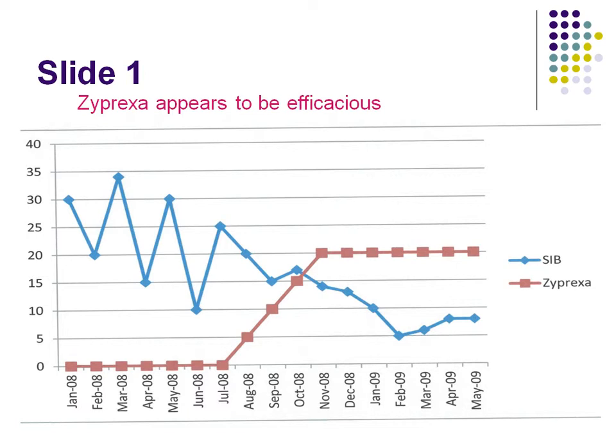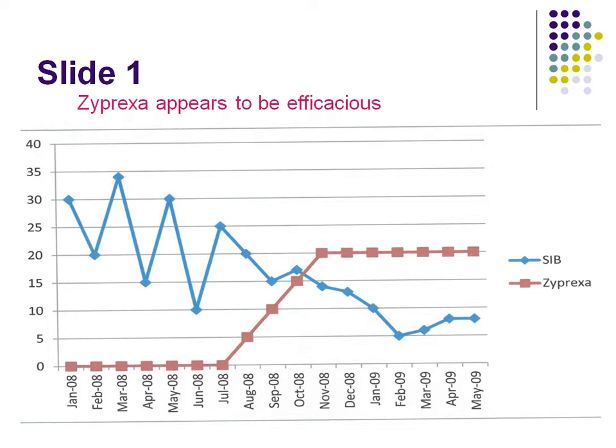So it was planned to continue the Zyprexa, but you see the behavior is not completely eliminated. There's still 5 to 7 times per month he's still having self-injurious behavior. Much improved, but not perfect. So what's the next step?